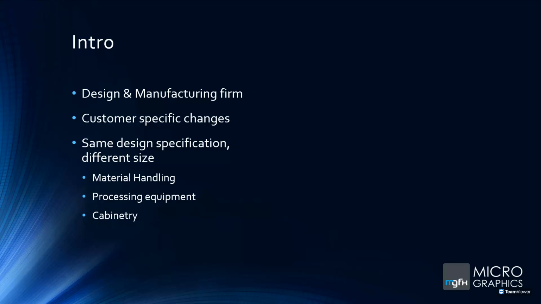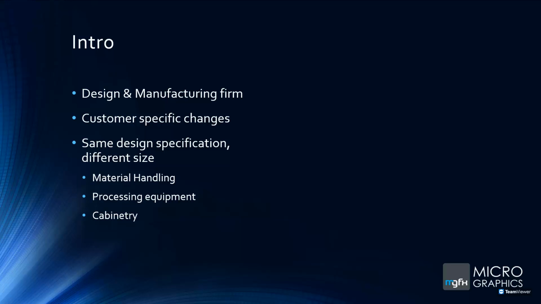So maybe turnkey applications, but in this case of, let's say, a conveyor belt, you have a standard conveyor belt design that you reuse. But there would be customer-specific changes with regards to the sizing of it. So if we look at basically the same design specification, a different size every time you use it, would be a good candidate for copy design.